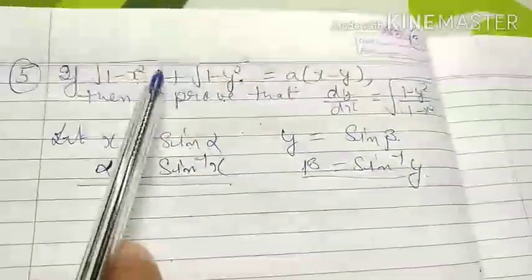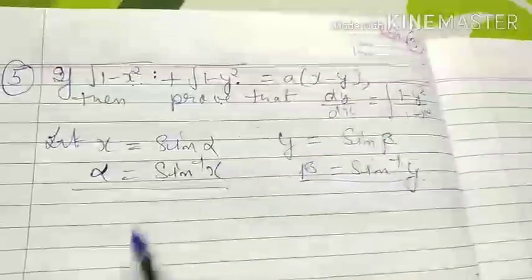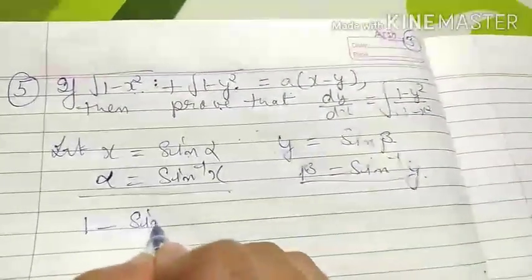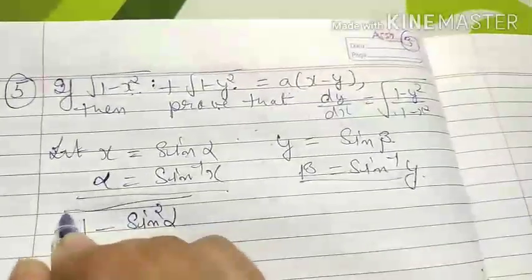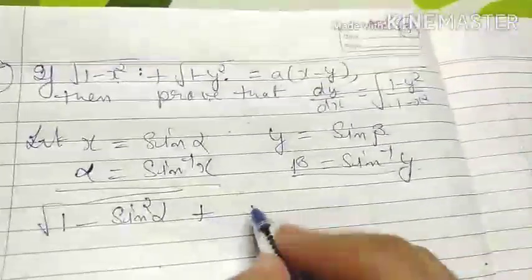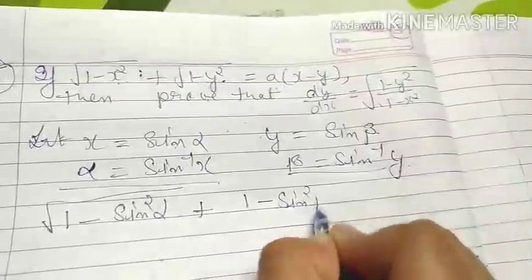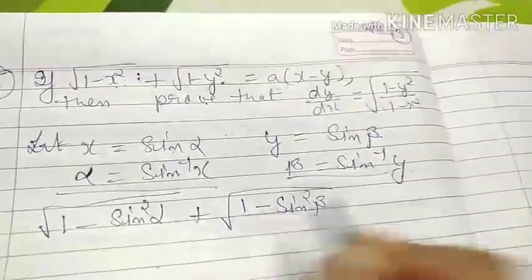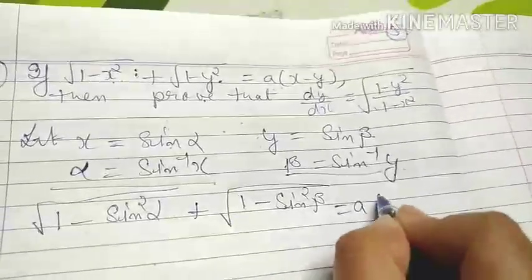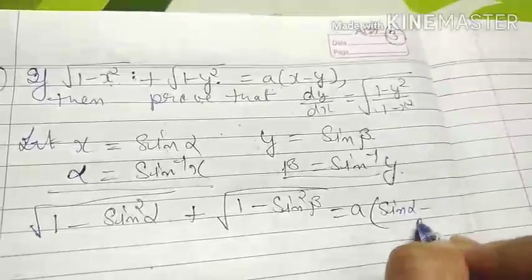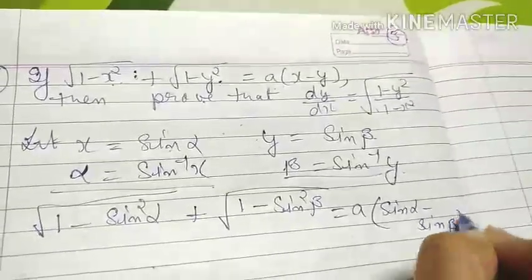So square root of 1 minus sine square alpha plus square root of 1 minus sine square beta is equal to a times (sine alpha minus sine beta) in place of x and y.